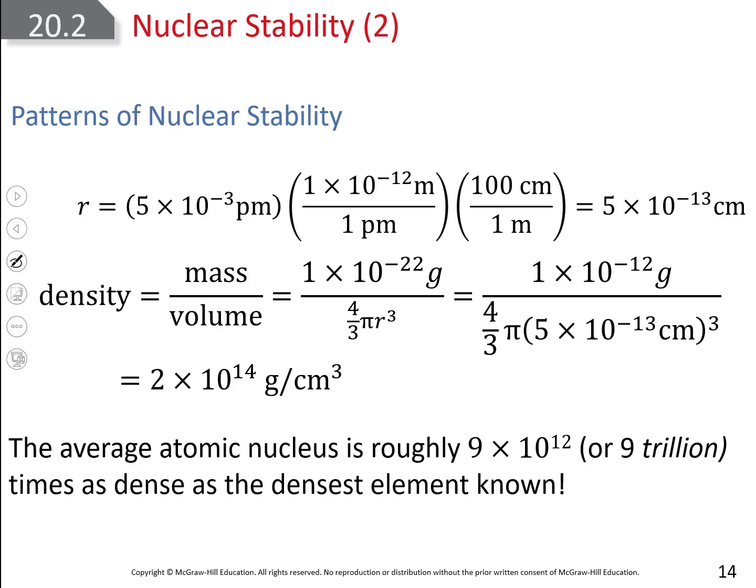All right. So compared to things that we're familiar with the densities of, mercury is something we dealt with back in chapter 10 when we were doing gas laws. It has a density of about 13. That is very, very dense. Water has a density of 1. This has a density of 10 to the 14.